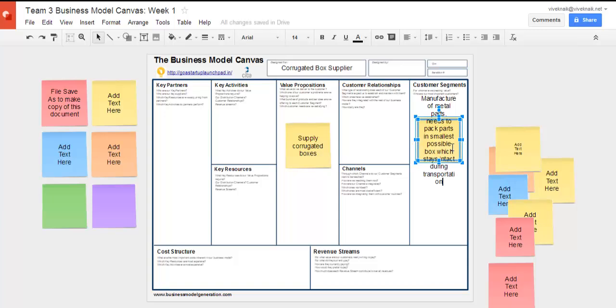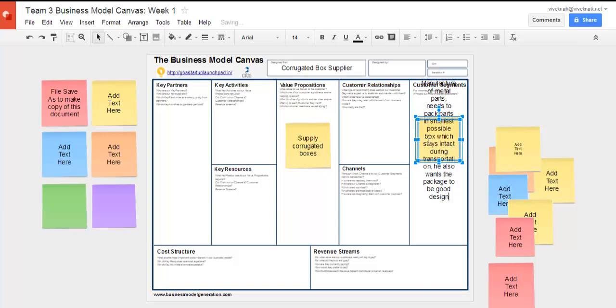So the breaking of boxes could be one of his pains, and maybe at the same time he also wants the package to look professional, with proper branding and design and all that. Good design.